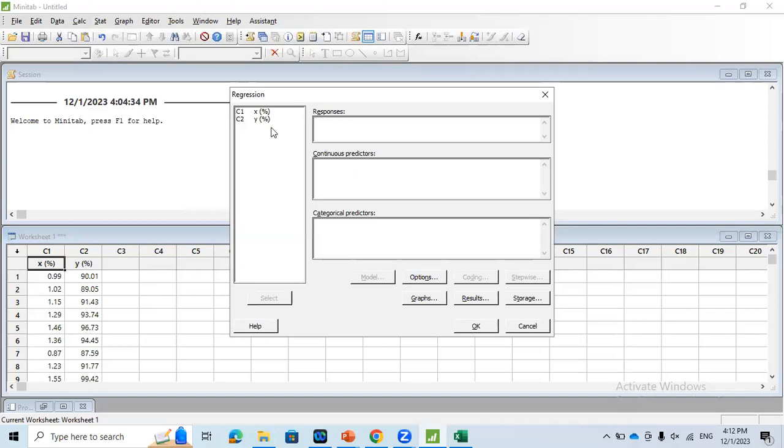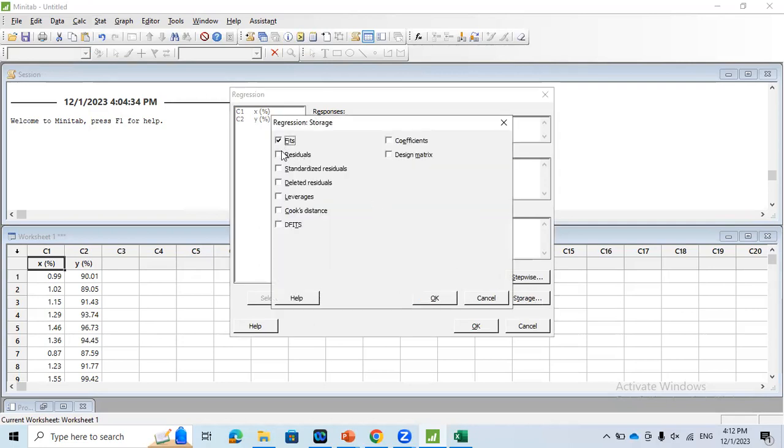The response is y, the predictor is x. We go to this, and we have some fits and residuals.